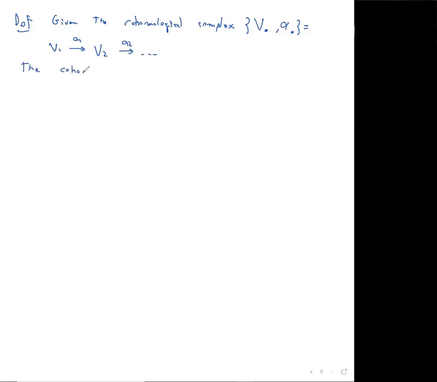So we define the cohomology of the complex as H^p, with the p on top. The top is reserved for cohomologies. The bottom is reserved for homologies, which are something similar, but basically go in the opposite direction. They're like the dual to each other, but we'll only do cohomologies here.